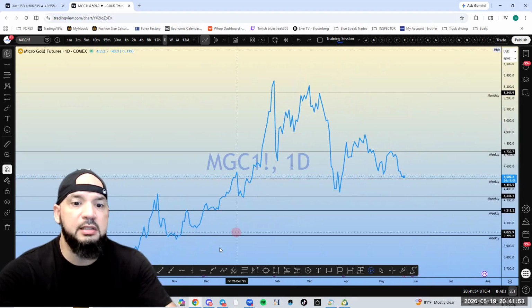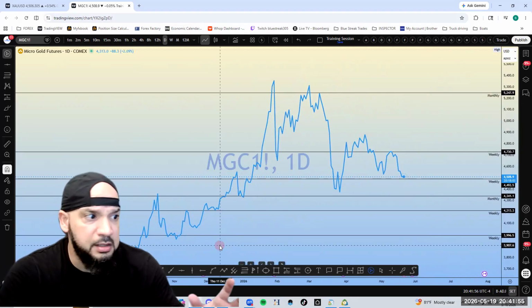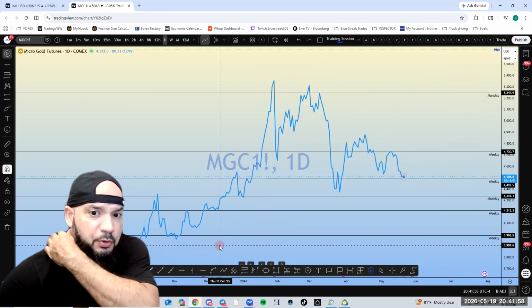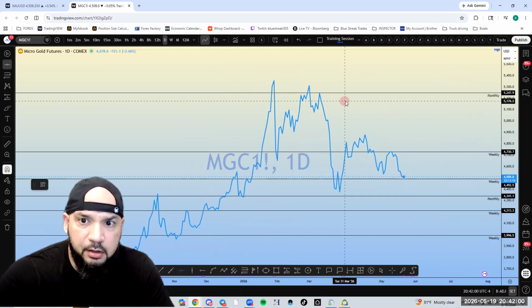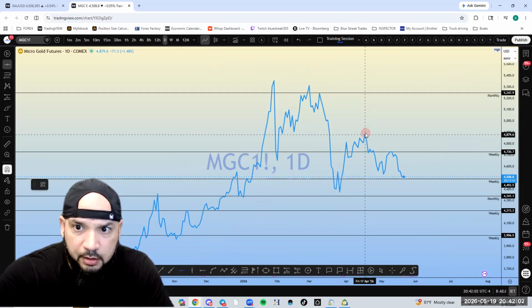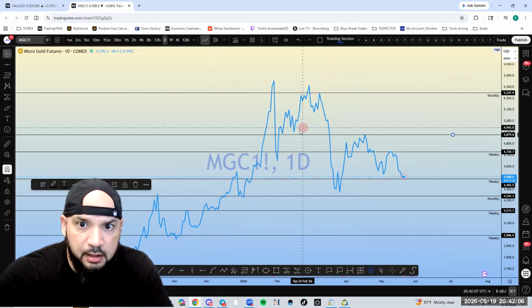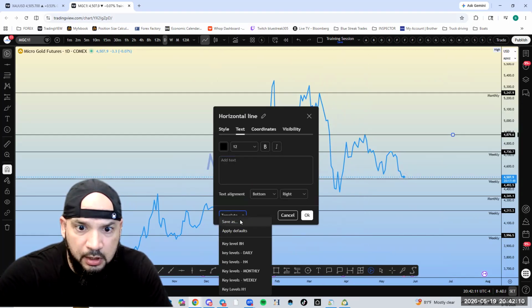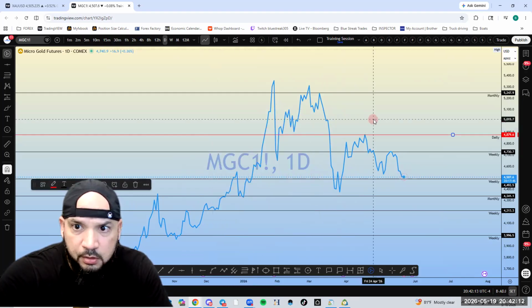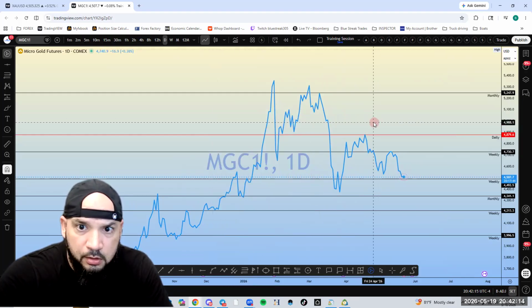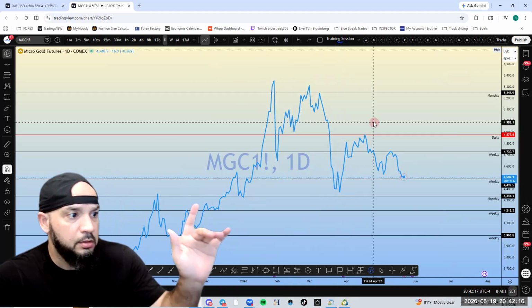The first thing that sticks out to me, because my eyes have experience and I've seen much of this before, is this area right here. This level right here, boom. Why do you guys think that this area is important to me? Any answer? Resistance and supply.